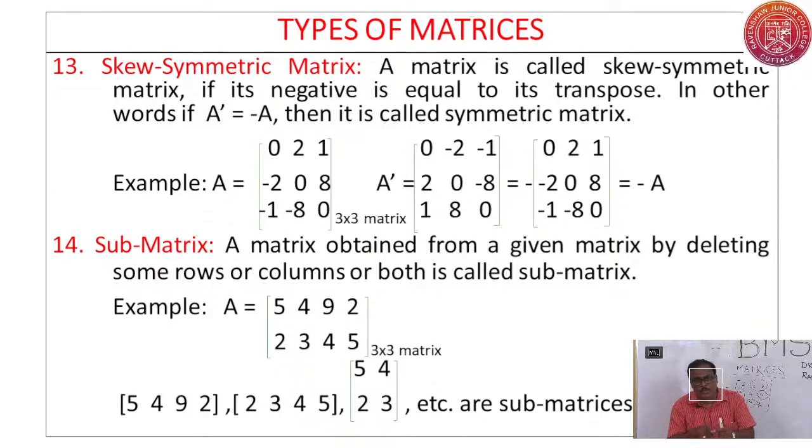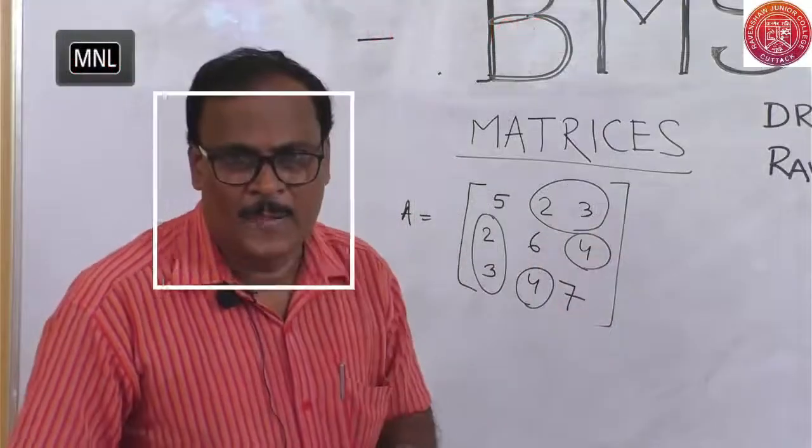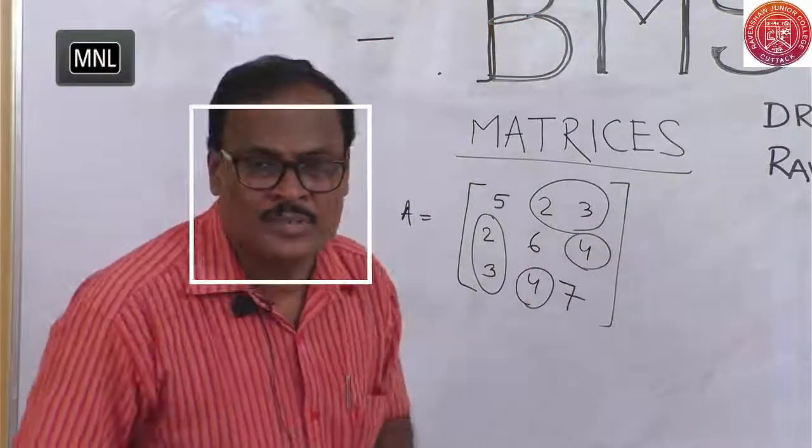So you find the principal diagonal elements are 0. If you transpose it, any number on the diagonal must not change. Like in the case of a symmetric matrix, come to the blackboard: in a symmetric matrix these 5, 6, 7 are constant, so there is no change.